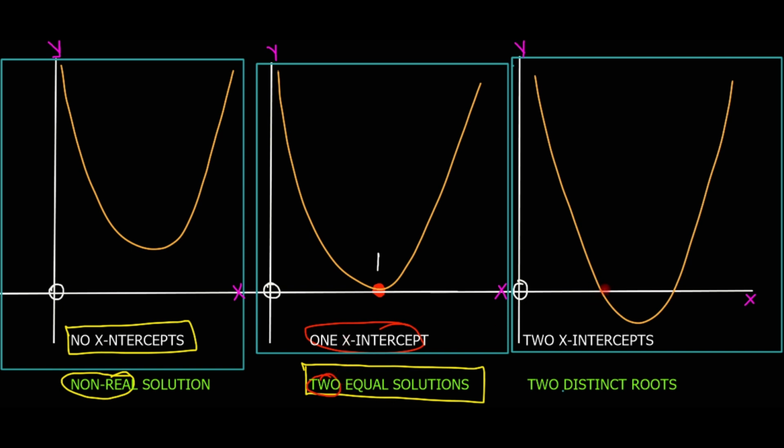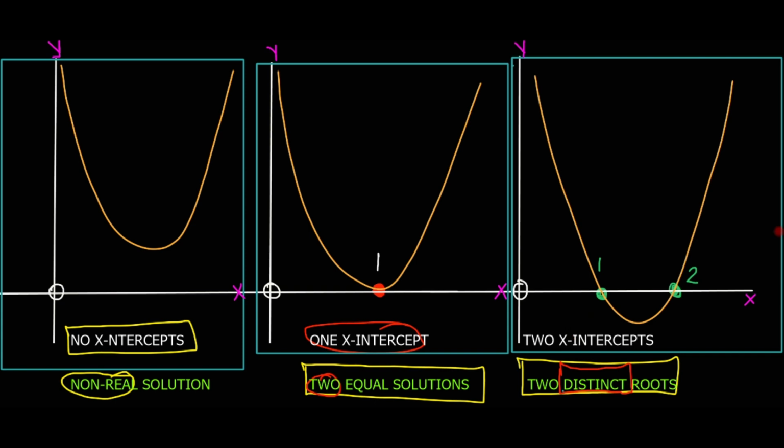And then if you look at this one you can see that we have two x-intercepts. Let's say this is 1, and then let's say this is 2. So when we have two x-intercepts, we are saying we have two distinct roots. The word distinct means different or unequal.